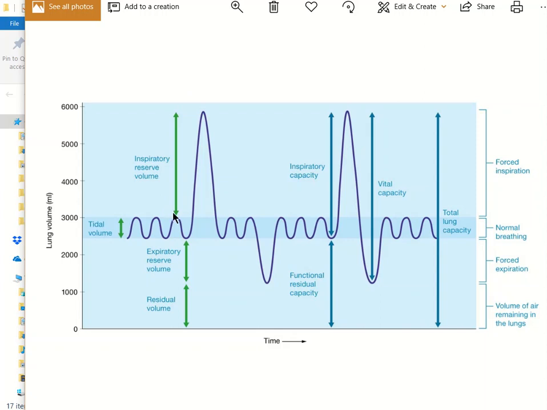So this volume from the top of your tidal volume peak to your maximum is going to be your inspiratory reserve volume. So think about what a reserve means, right? So this is going to be the volume change for a forceful inspiration. Expiratory reserve volume is the volume that you would be expiring for a forceful expiration.